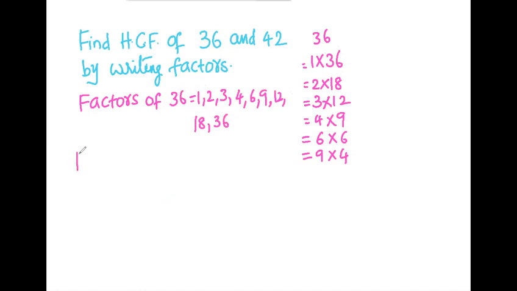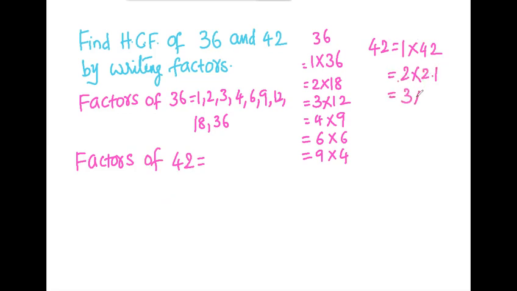Now write factors of 42. You know how to find factors of 42. 1 times 42. 1 divides 42. 2 times 21 is equal to 42.